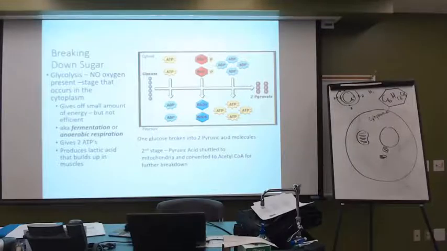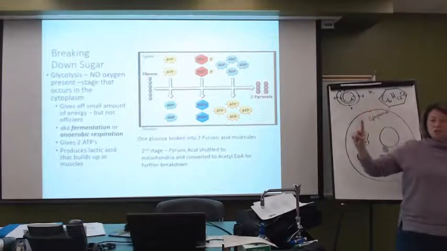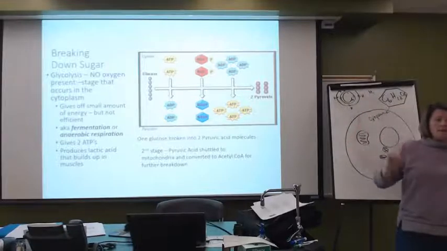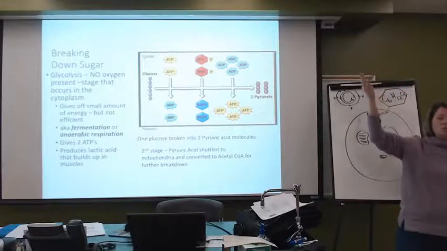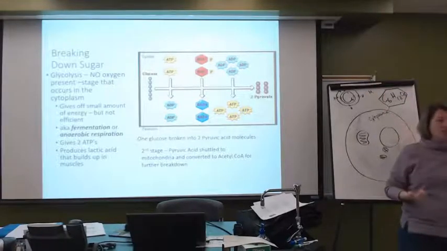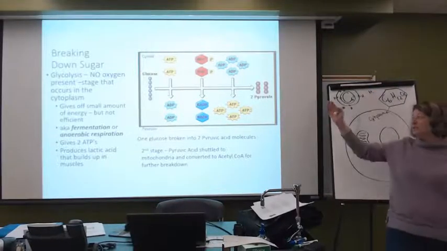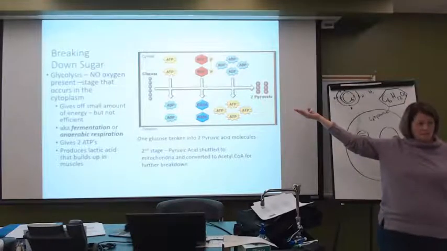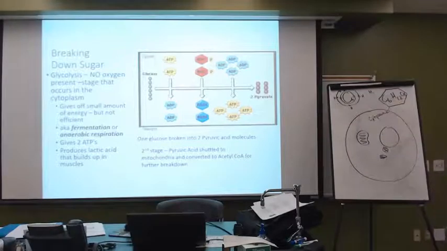So during this stage, because depending upon the literature you read, they'll say that this process has either 3 or 4 stages. The first stage is glycolysis. This portion of making ATP uses no oxygen.